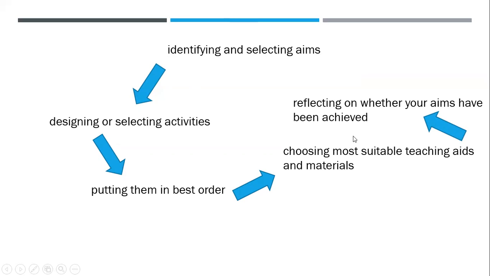If they haven't been achieved, it means that probably you will need to redesign some part of your lesson, or maybe plan another lesson devoted to achieving the same aims, so that you finally get what you want from your students, right? Then after you have reflected, again, you come back to the beginning of the process and you identify and select the aims for the next lesson. So here we have got a certain circle, where identifying and selecting aims is the basis and the first step of the circle.